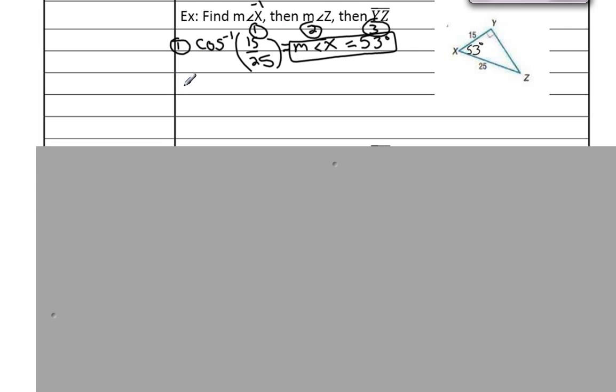The second question said to find the measure of angle z. And this time, I don't need to use any trig because now I have 2 out of 3 angles in a triangle. So I can find the third angle by using the triangle sum theorem. If I've already used 90 degrees, that means of the 180 degrees possible, I would subtract 90 and 53.